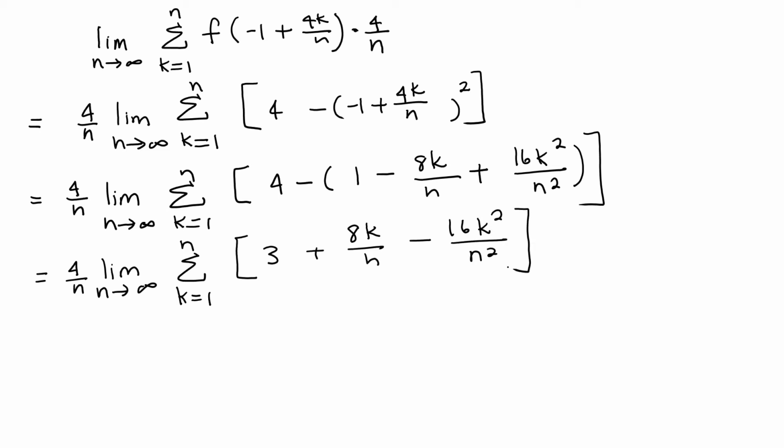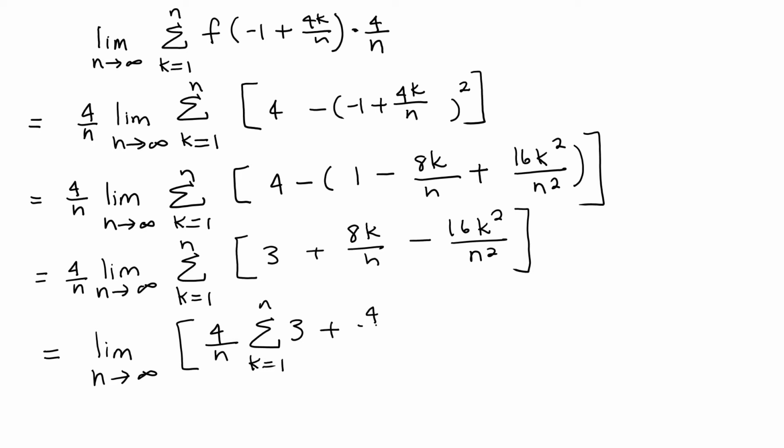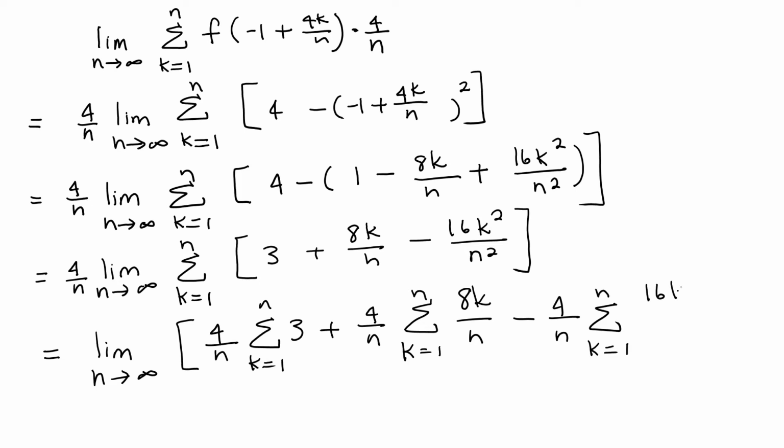Now let's distribute that summation notation throughout, and we will have the limit as n approaches infinity of 4 over n times the summation k equals 1 to n of 3 plus 4 over n, the summation as k goes from 1 to n of 8k over n minus 4 over n, the summation as k goes from 1 to n of 16k squared divided by n squared.